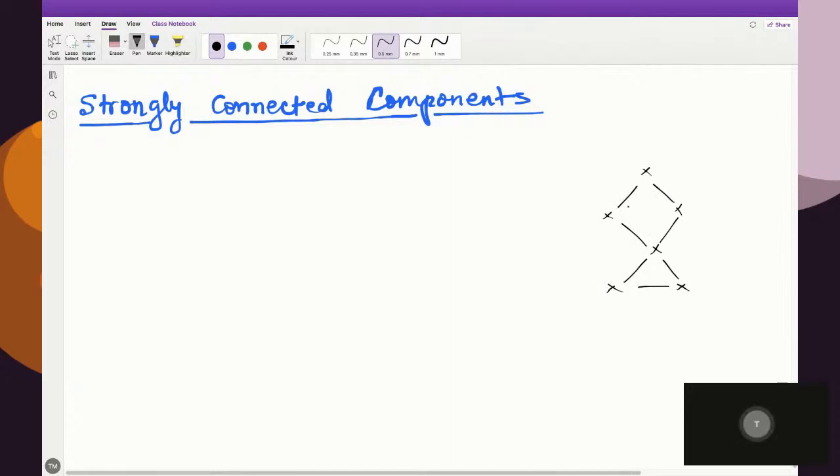But how do you define connectedness if the edges are directed? If you are given a graph like this, will you call it connected? Is someone saying that this should be called connected?